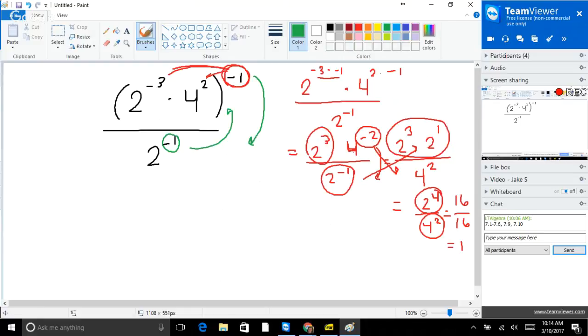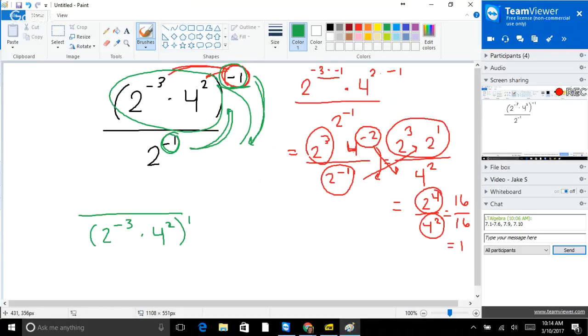So the other method I was talking about is, since this is a negative and a negative, I can just go ahead and flip. So that would be my other choice. I'm going to flip everything that's in here to the bottom. So it's going to be 2 to the -3rd times 4 squared, and now instead of to the -1, it's going to be to the +1, which just means nothing. And then 2 to the -1 in the denominator is going to flip to the top and become 2 to the +1.